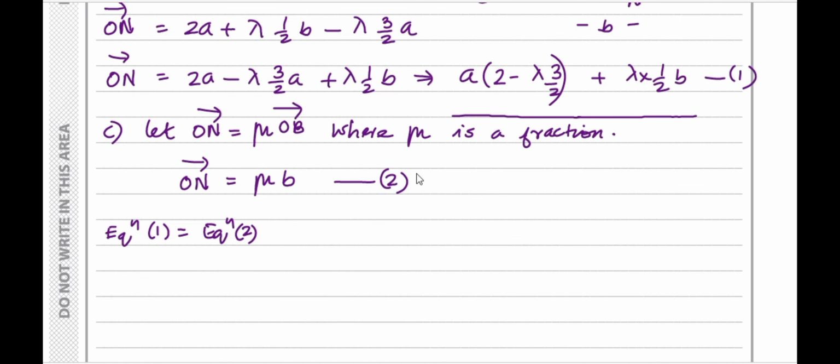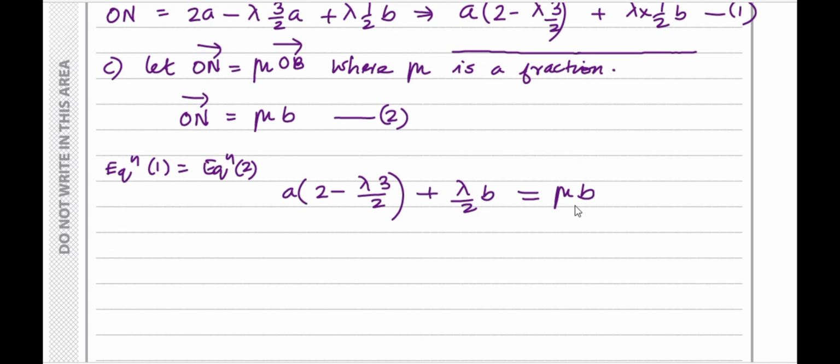Therefore, a bracket 2 minus lambda times 3 over 2 plus lambda over 2 b should be equal to mu times b. There is no a term on the right hand side, but there is an a term here, which means this should be equal to 0.